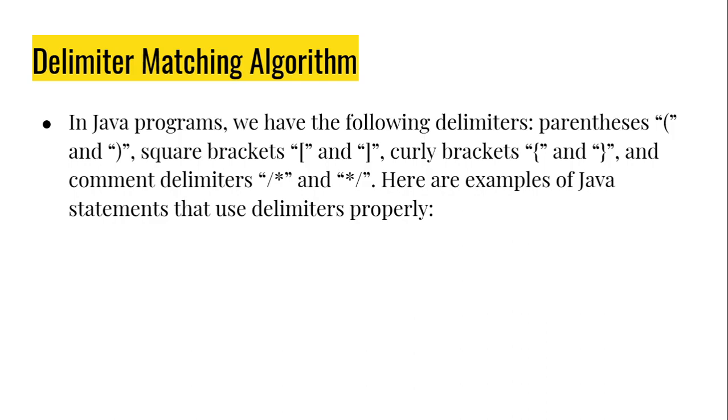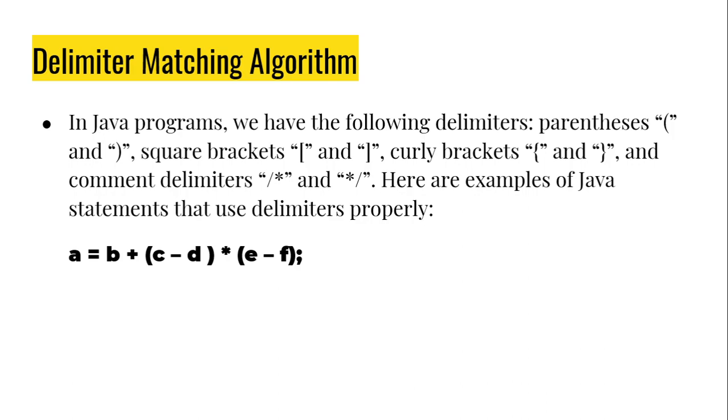We have known that if you study programming. So this is an example of a Java statement that used delimiters properly. As you notice in our statement, we have a variable a that is equal to b, and then we have the notation of the add, which is plus, and then we have a starting delimiter of an open parenthesis.